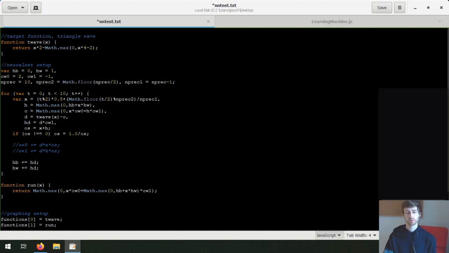Yeah, how do I push this bias negative while pushing the weight positive? What if I just did it relative to the bias itself?